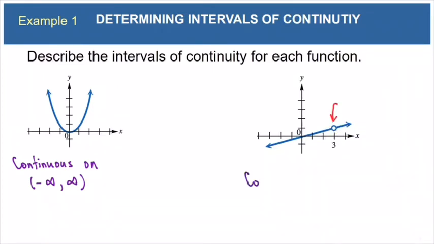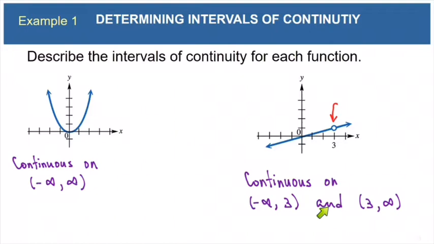So we would say this graph is continuous from negative infinity to 3, and notice the parentheses there, and from 3 to infinity. We don't need the union symbol here because we're not trying to join these two intervals together. We're just saying that the function is continuous on this interval and also on this interval.